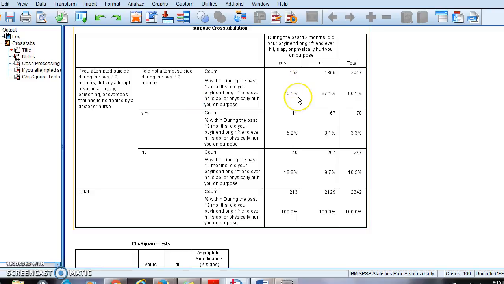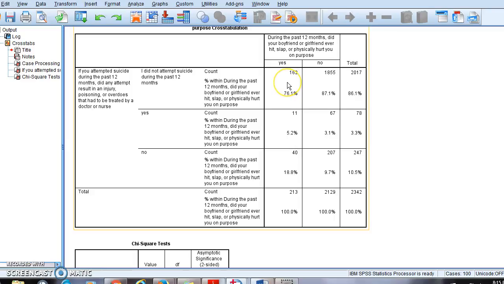And the column that we're looking at, the question is, during the past 12 months, did your boyfriend or girlfriend ever hit, slap, or physically hurt you on purpose? So this first column is yes, and is divided up into the responses as they responded to the second question.